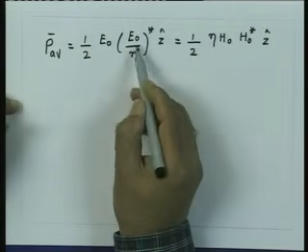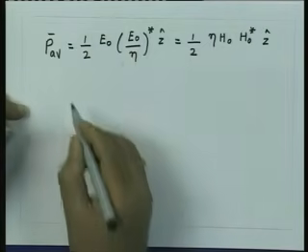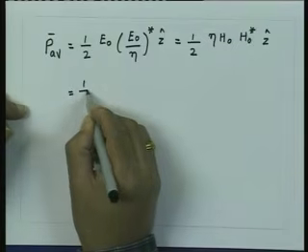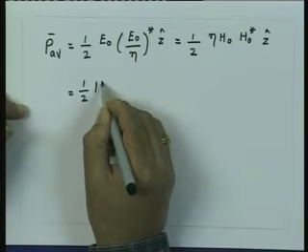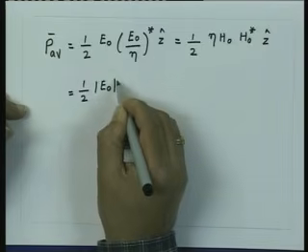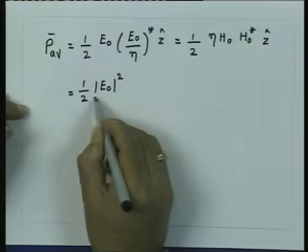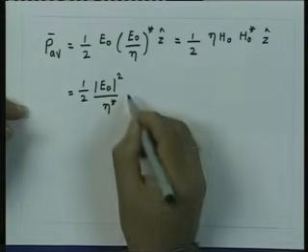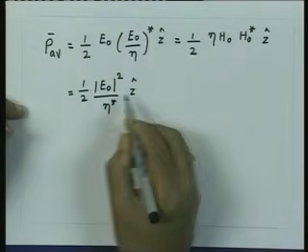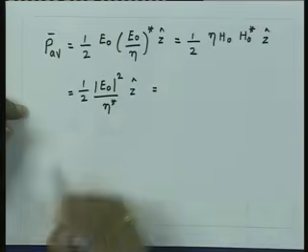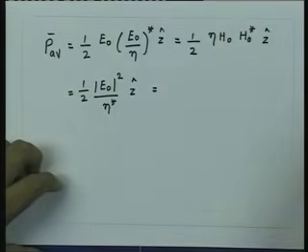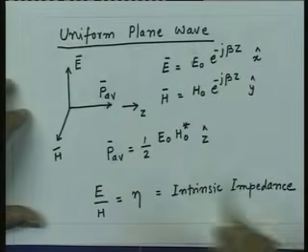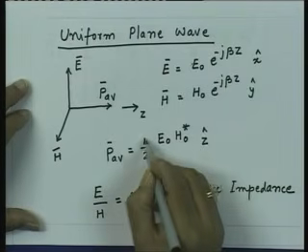Now E0 times E0 conjugate is mod E naught square, so this is equal to half mod E naught square upon eta conjugate. Of course, if I am putting a conjugate here I must put a real part of that.